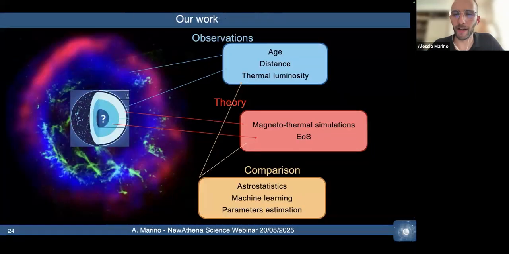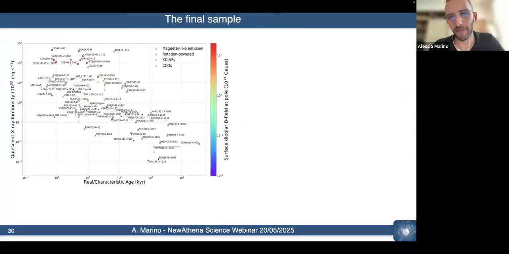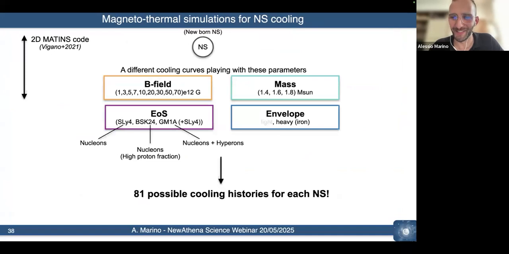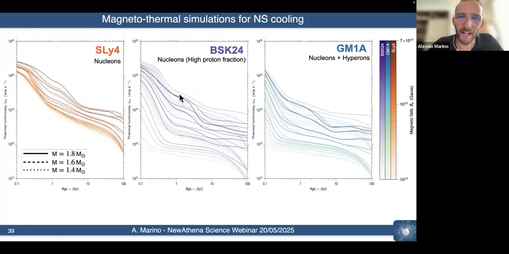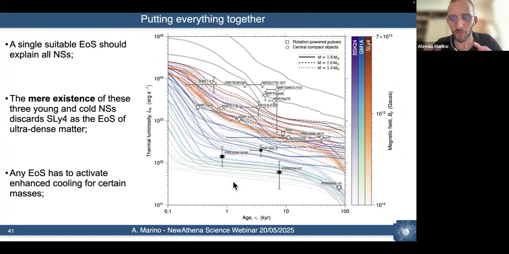So yeah, I would say, for example, sorry, I have to go again on the other side of that. Let's say, for example, I find a neutron star which has a thermal luminosity here. Maybe let's put the observation just to put it in context. I find a neutron star which is here, so it's even fainter than the ones that I found.